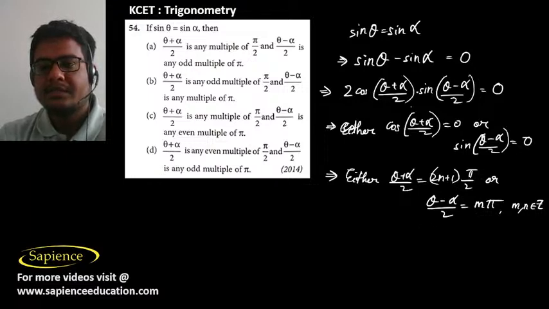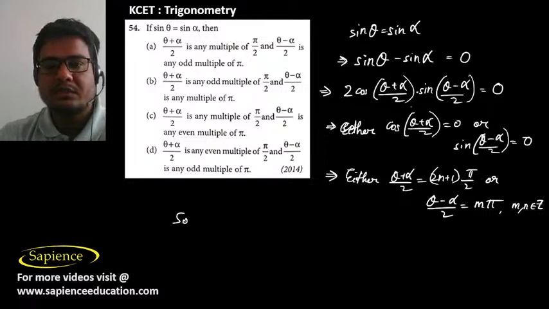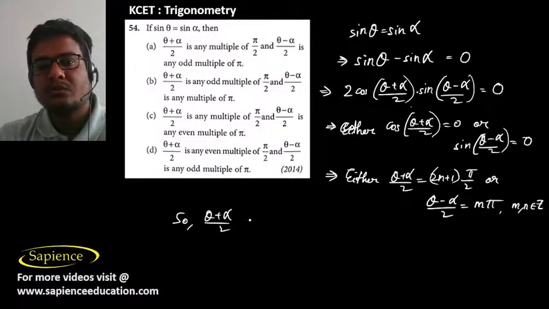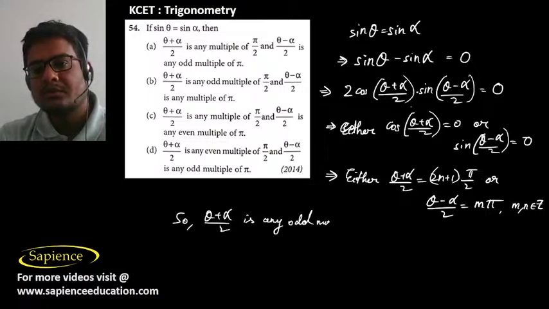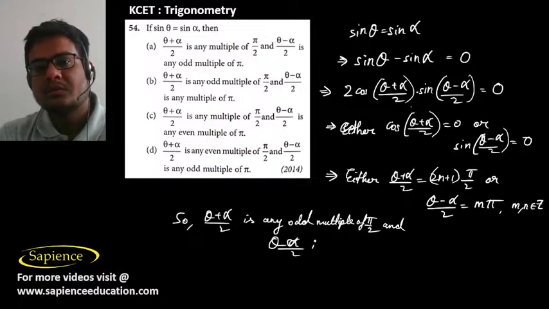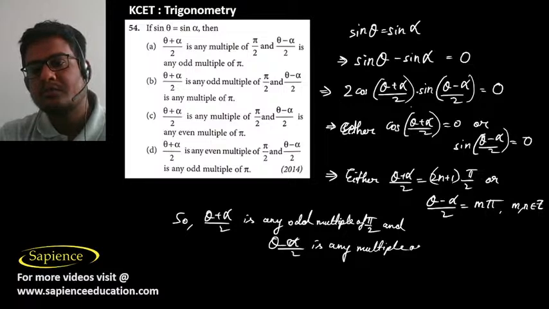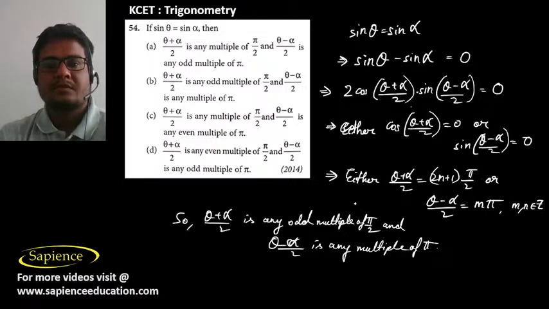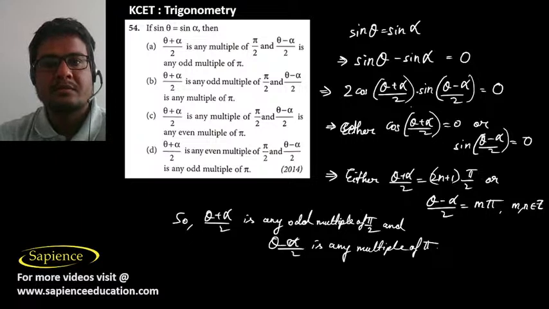So it means that theta plus alpha by 2 is any odd multiple of pi by 2, and theta minus alpha by 2 is any multiple of pi. So option B is the correct answer.